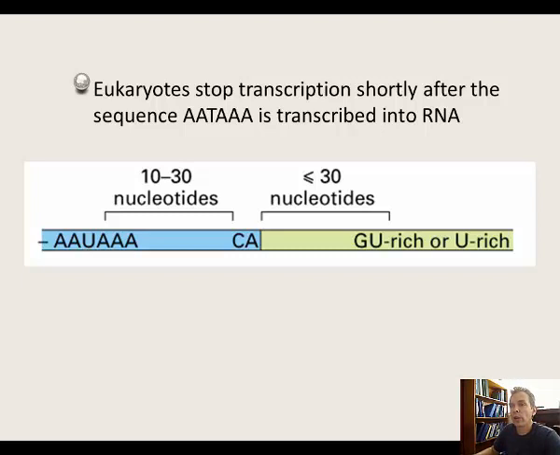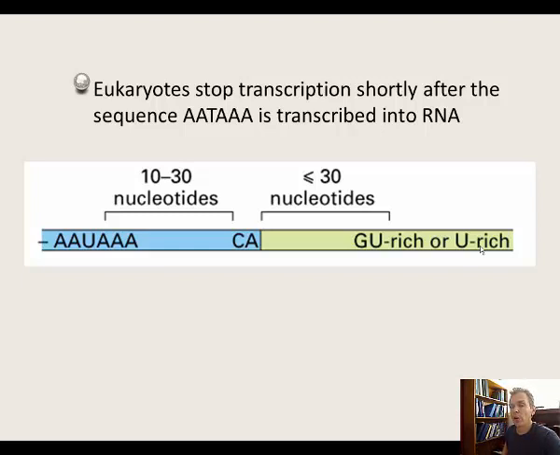About 10 to 30 nucleotides away from that AAUAAA is a C and an A. And about 30 nucleotides away from that CA is a GU-rich or a U-rich region. That is actually not unlike the bacterial situation where there is a U-rich region that helps destabilize the RNA-DNA hybrid.